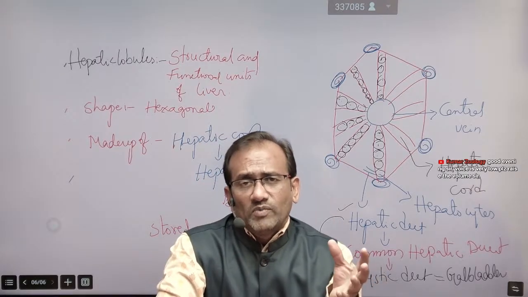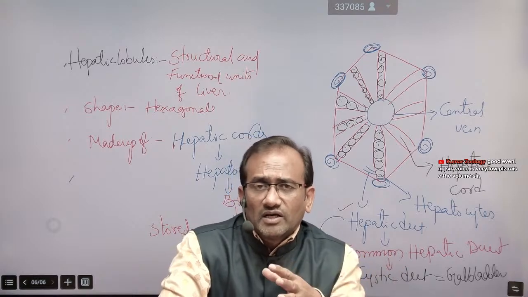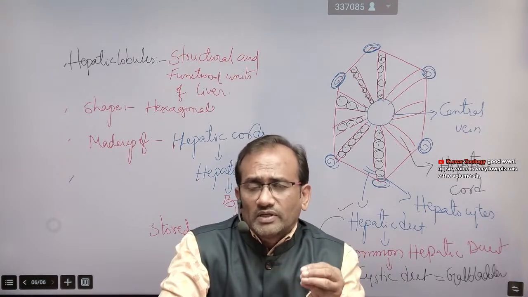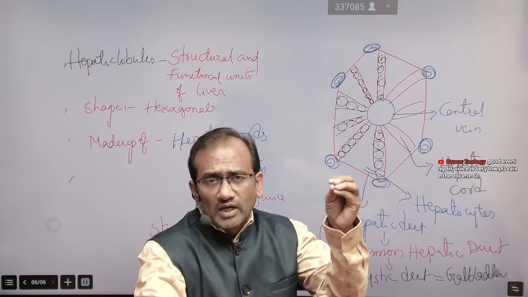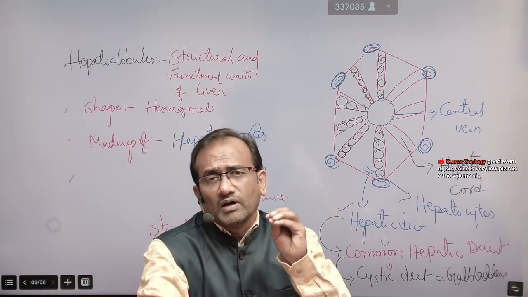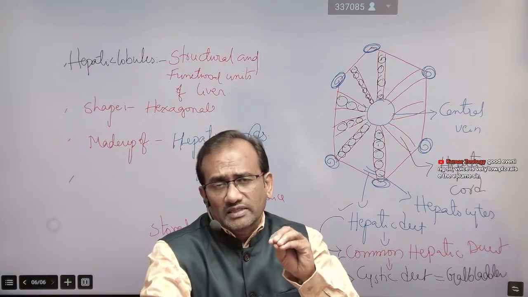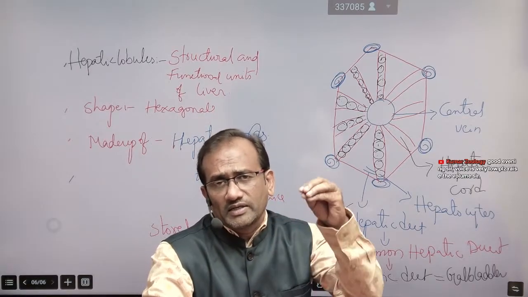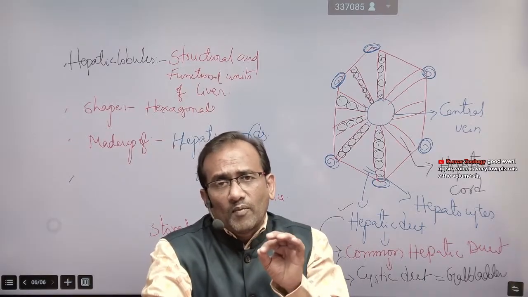But at the time of digestion the gallbladder constricts and releases the bile juice, which comes out into the cystic duct. Wherever the cystic duct and the common hepatic duct join, that area is known as the common bile duct.